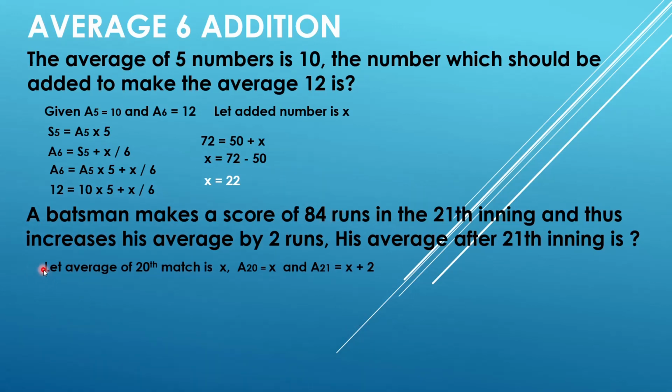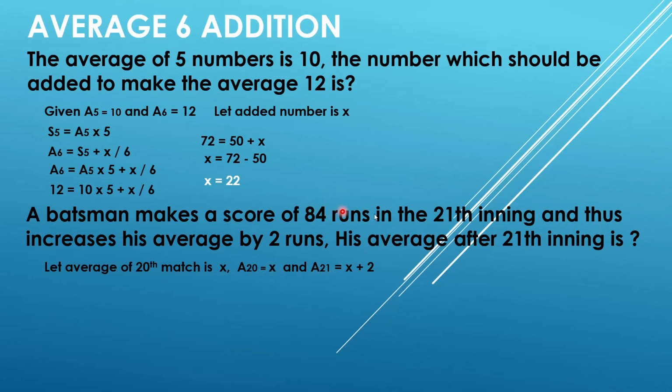Let the average of 20 matches be x. Let's say the 20th match average is x, so A20 is equal to x, and A21 they have given.